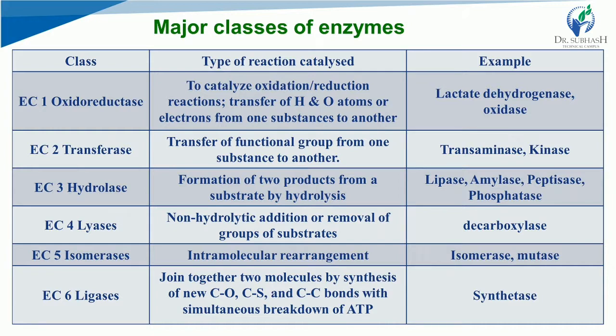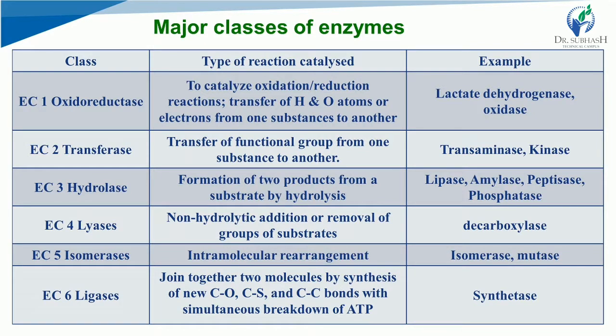In the center column, as you can see, is the type of reaction catalyzed. So oxidoreductase is responsible for catalyzing oxidation-reduction reactions, or they can also help in the transfer of H and O atoms or electrons from one substance to another, right?